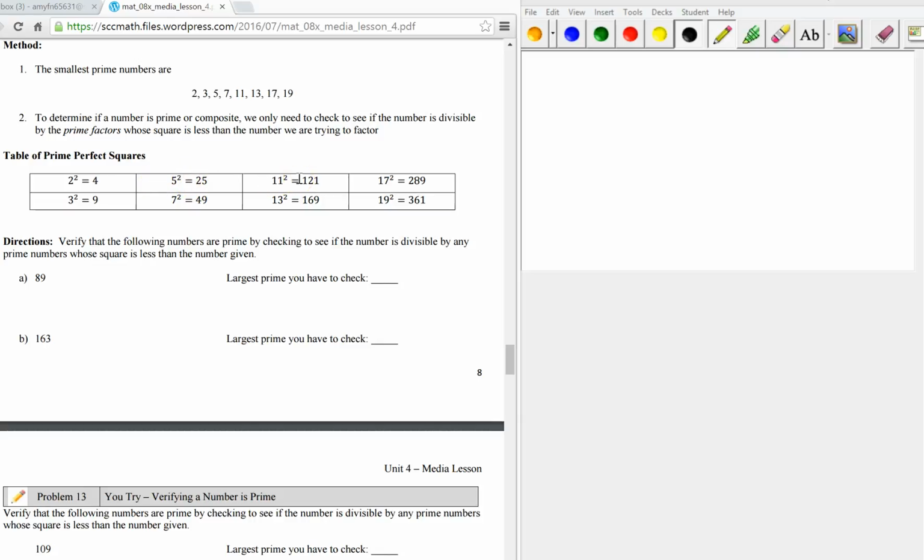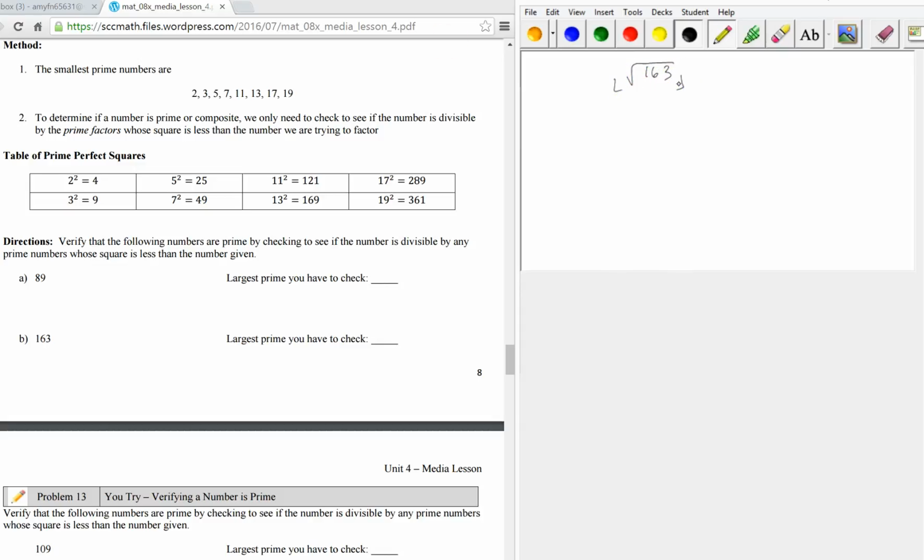Basically the idea behind this, let's look at 163. Okay, so if we want to determine whether 163 is prime or not, we just need to see, based on the fundamental theorem of arithmetic, whether it has any prime factors less than the floor of the square root.